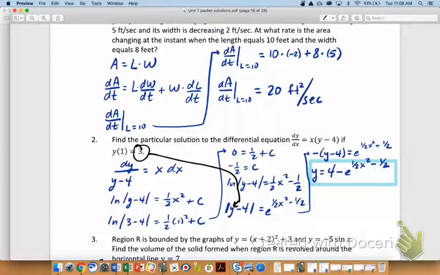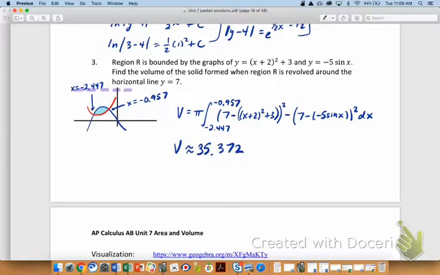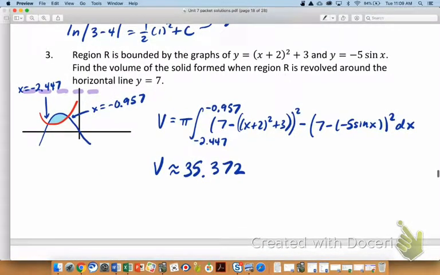All right, here is an answer for number 3. Like the thing, x plus 2 plus 3.